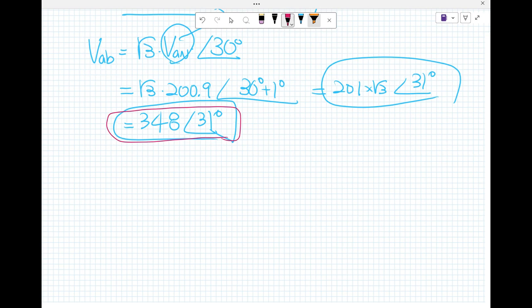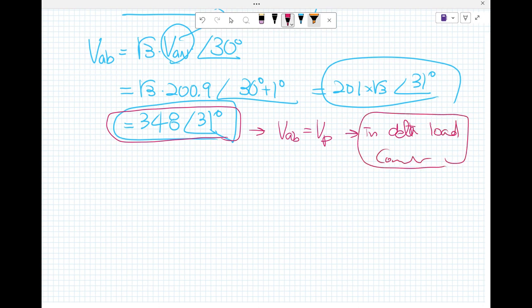That is V sub AB, the phase voltage in the delta load connection, from the original circuit, okay.